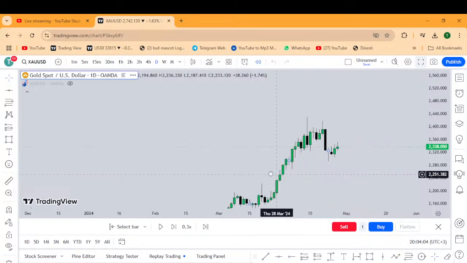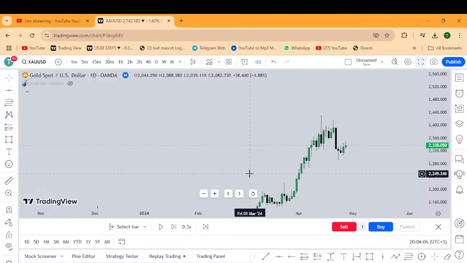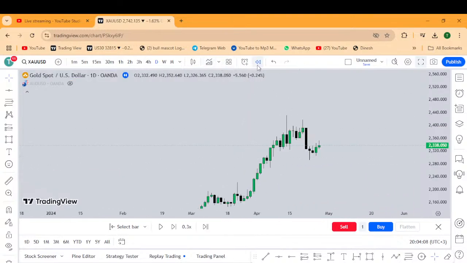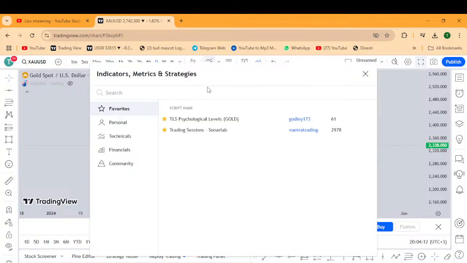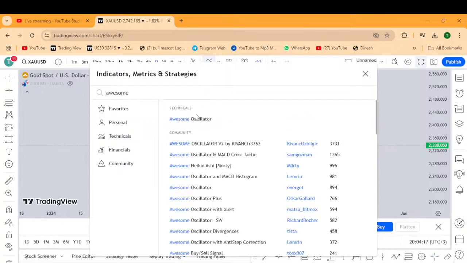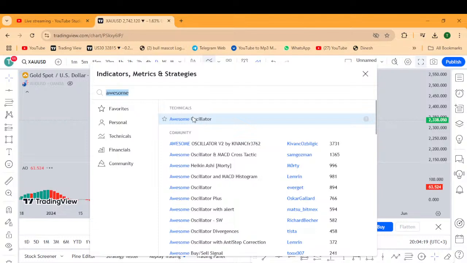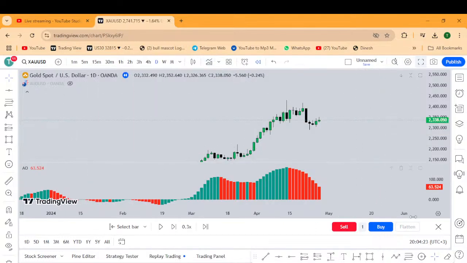Yes, so this is an uptrending market, of course. Now I'll get my indicator. One is called the Some oscillator. This one here, you add it, you just keep it at the default settings.